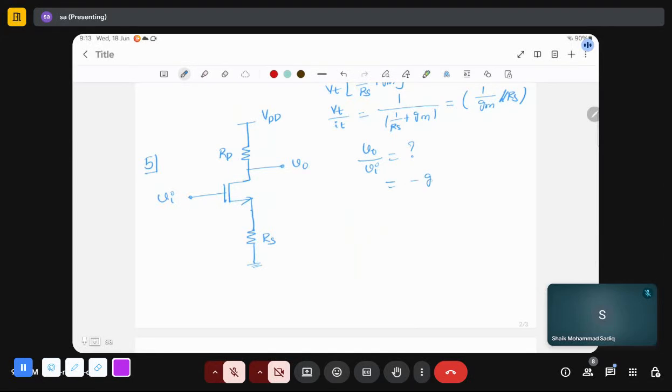That is nothing but minus GM VGS RD. I replace VGS with Vi by 1 plus GM Rs into minus GM RD. V naught by Vi is minus GM RD by 1 plus GM Rs.